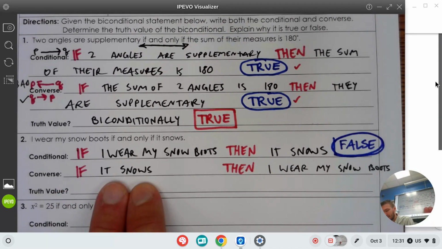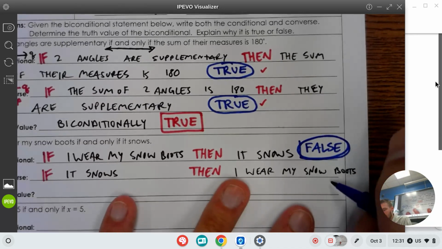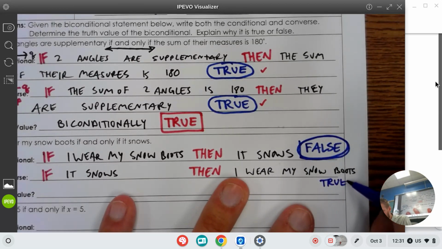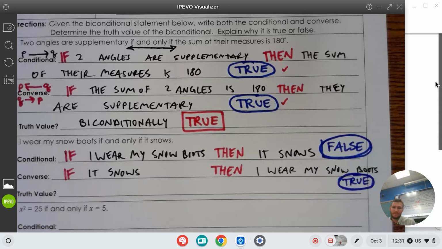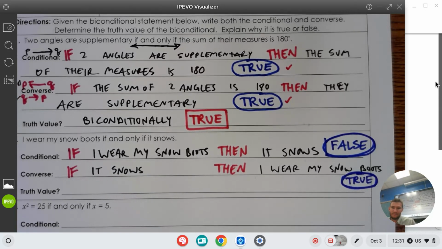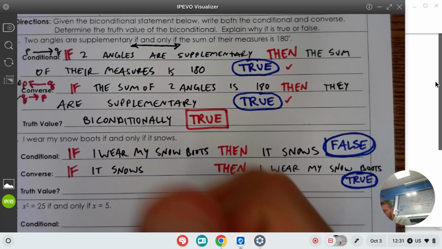Conversely, if it snows, then I wear my snow boots. That does make sense, right? It's already snowing, so they toss the boots on. Excellent. Now, to finish this off, biconditionally, both directionally, is this true?